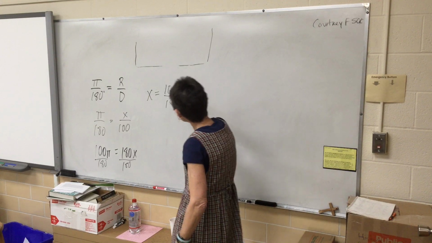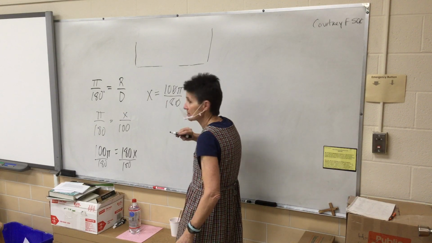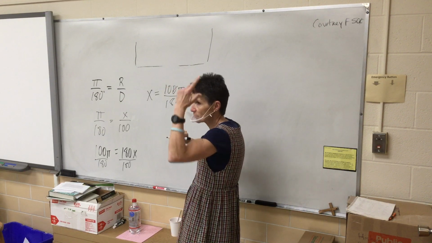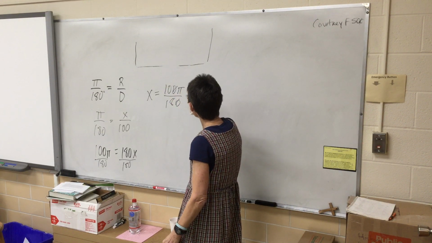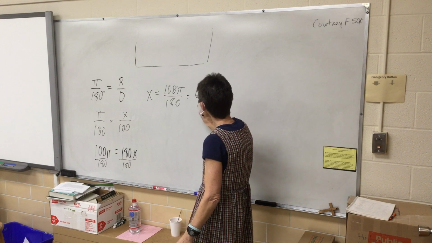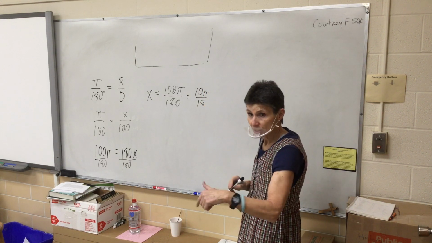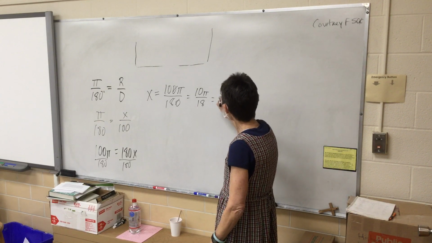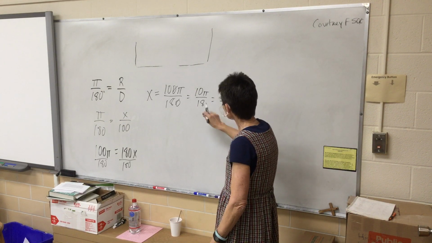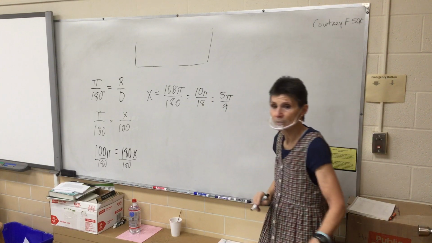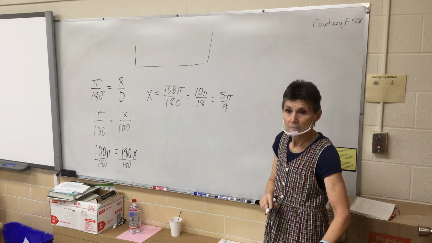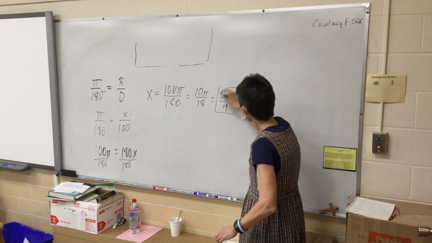Remember, if you have zeros over zeros, they cancel, so you can just zip those out right away. And then you have 10 pi over 18, which reduces to 5 pi over 9. Just keep the pi and cancel out your fraction. So the answer to the question is 5 pi over 9.